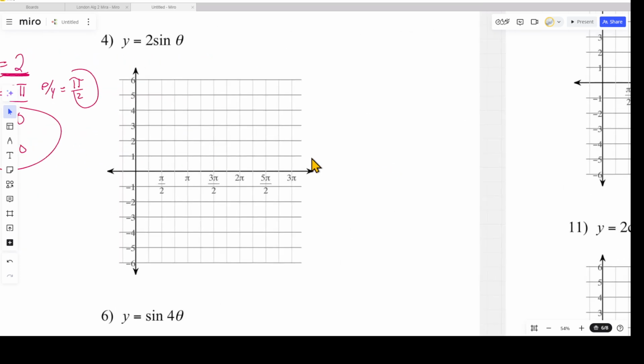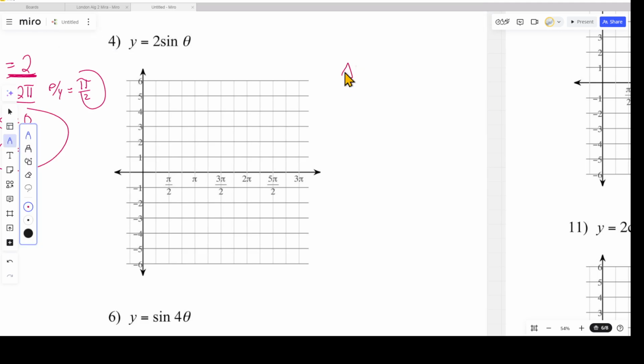All right, more. This one is sine, so it starts middle, high, middle, low.